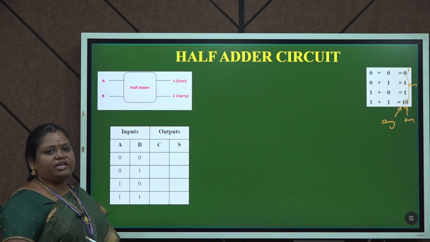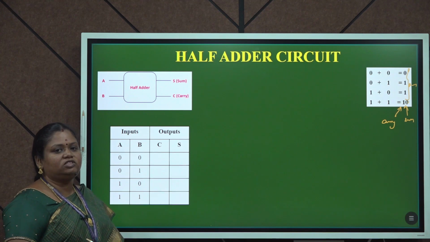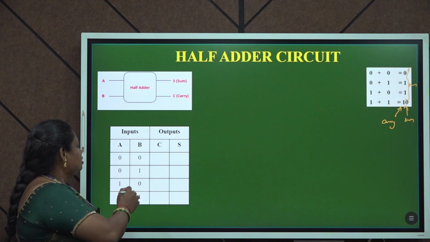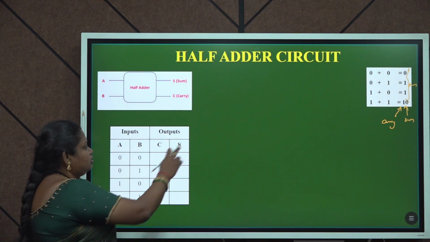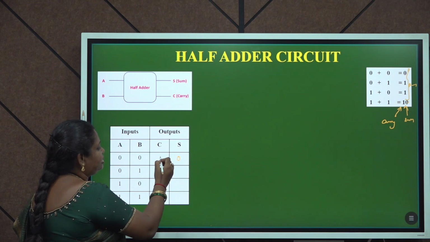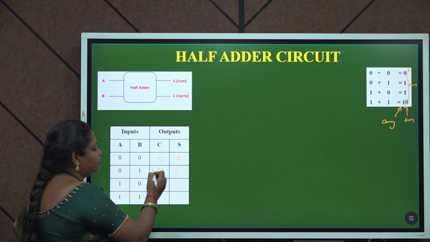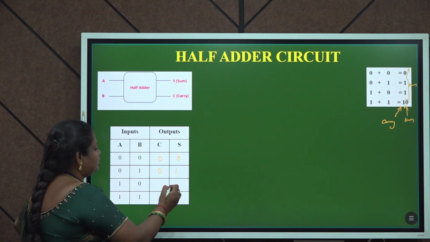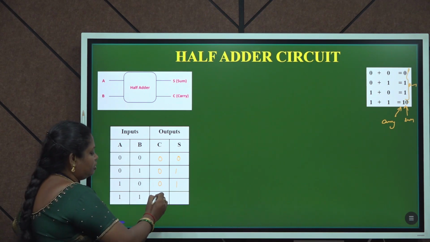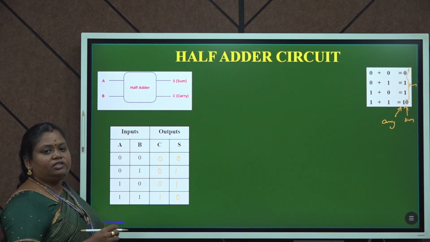There are 2 inputs A and B and 2 outputs, the carry, for which I have used C, and for sum I have used S. When we are adding 2 components, the rule has to be kept in mind. So 0 plus 0, the sum is 0 and carry is also 0. 0 plus 1, sum is equivalent to 1, carry is equivalent to 0. 1 plus 0, sum is 1 and carry is equivalent to 0. For 1 and 1 inputs, carry is 1 and sum is equivalent to 0. So according to the rule, we have filled the truth table.